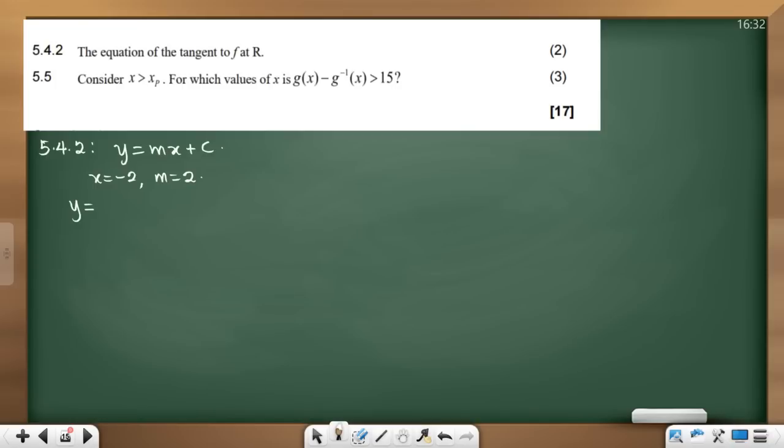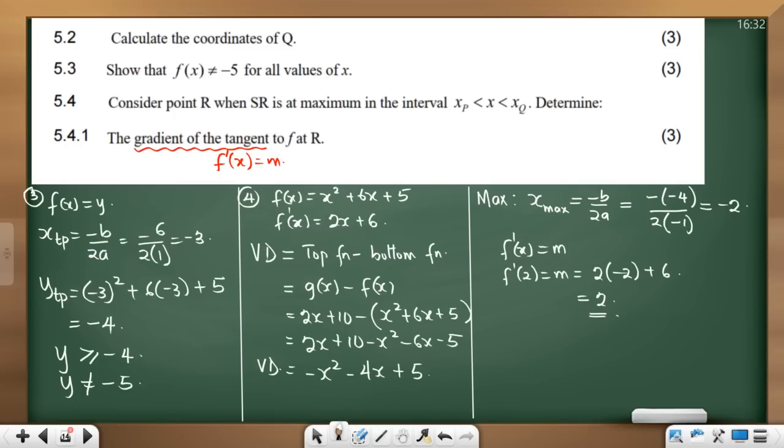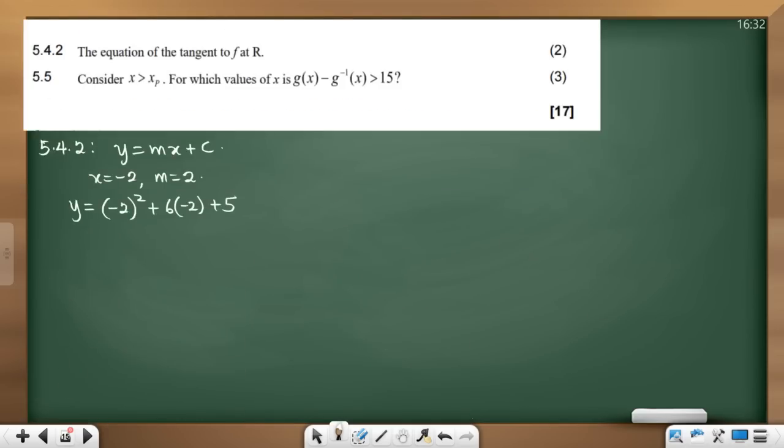All right, it's x squared, so it's negative 2 squared plus 6x plus 5. Let me hope that I got that equation right. X squared plus 6x plus 5. Beautiful. What will this give us? That will give us 4 plus 5, 9 minus 12. That's negative 3. Okay. Now I know my x. Great. Y equals mx plus c.